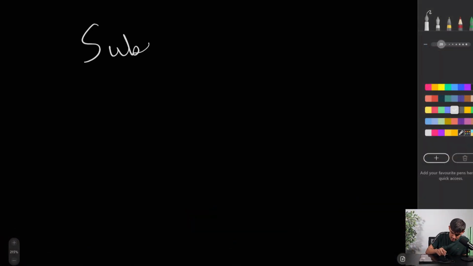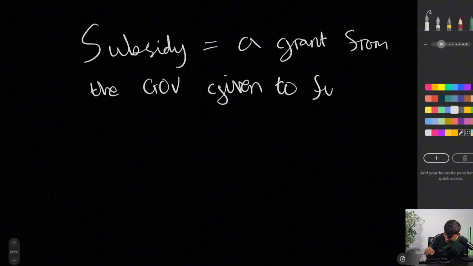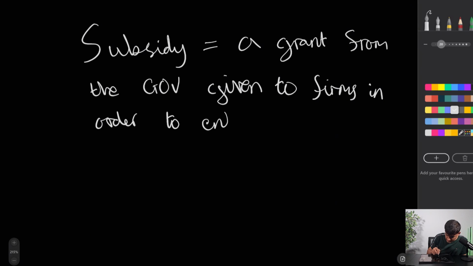First of all, it's worth going over what a subsidy actually is. So a subsidy is a grant from the government given to businesses or firms in order to enhance production.